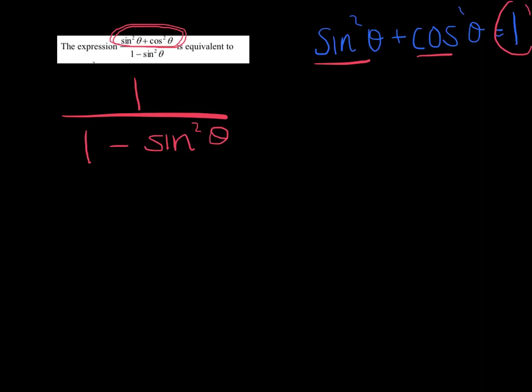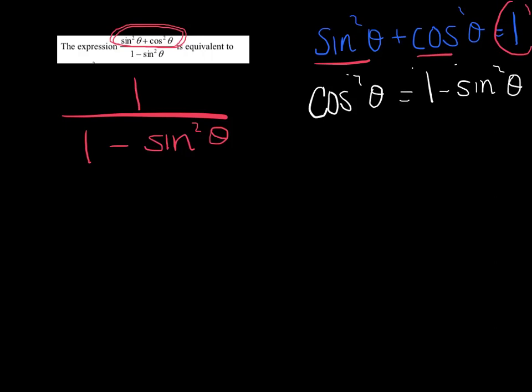Now here's where they get sneaky. Stay with me. This kind of looks like the Godfather, our Pythagorean identity here. Not quite, but kind of. Watch what I do. I can manipulate this equation up here. I can move this around any way I want. I'm going to say cosine squared theta is equal to 1 minus sine squared theta.